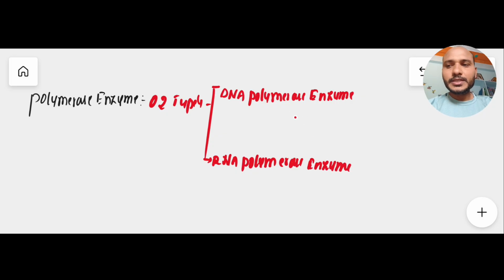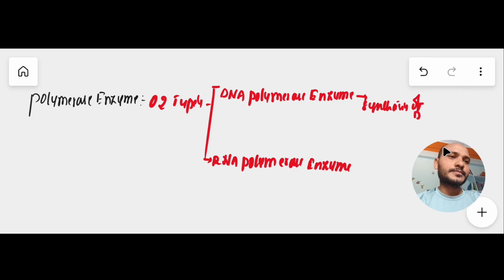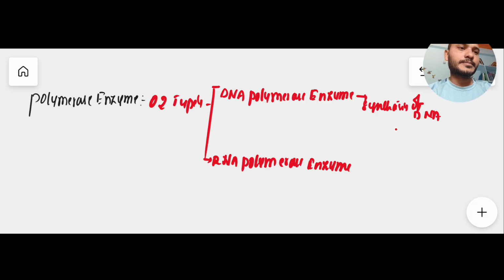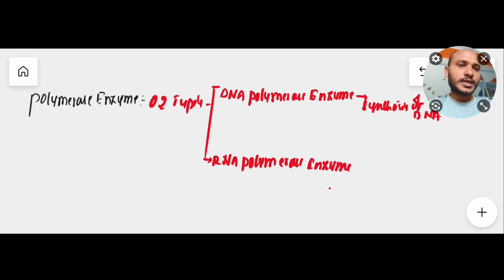Now, this DNA polymerase enzyme helps in the synthesis of DNA. These RNA polymerase enzymes help in the synthesis of RNA.